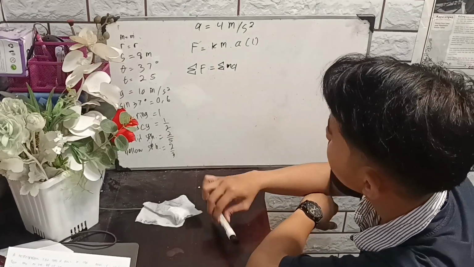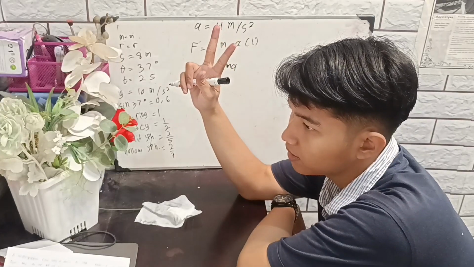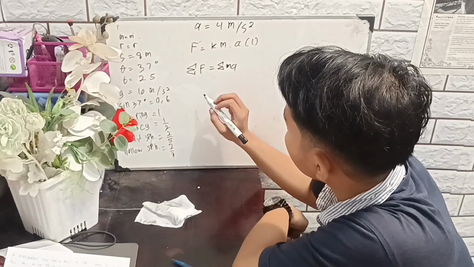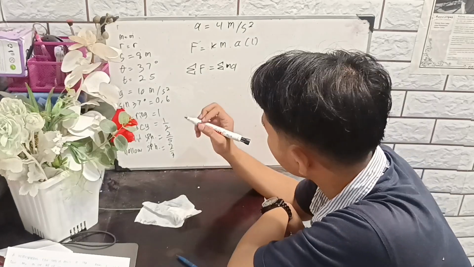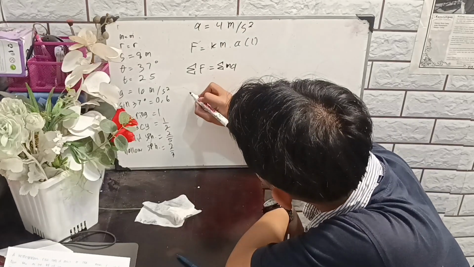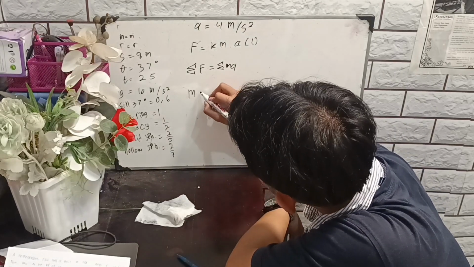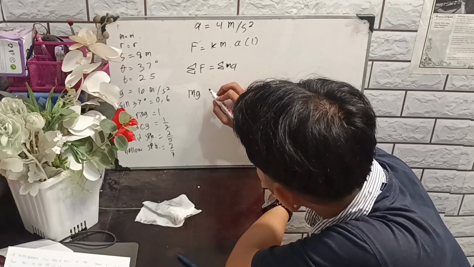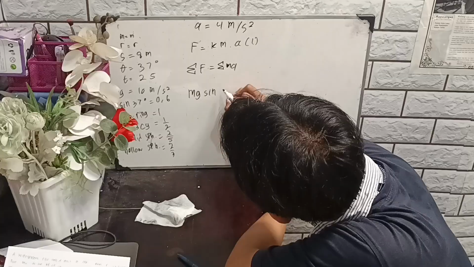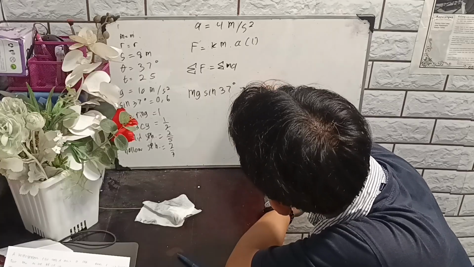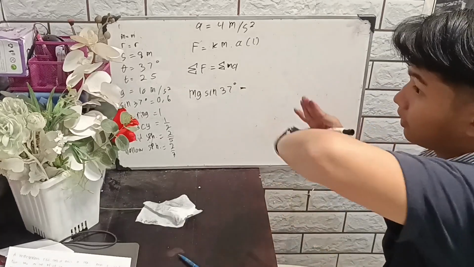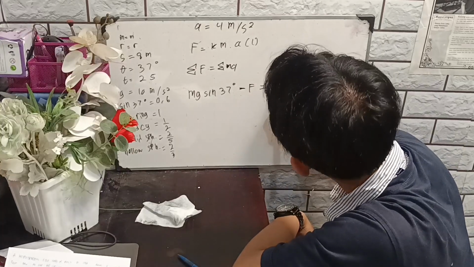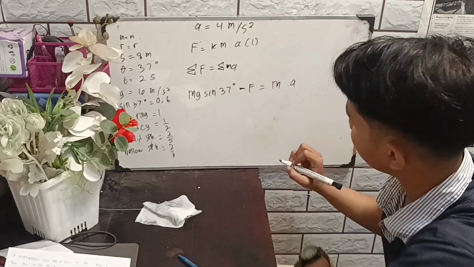As you can see, there are two forces, the gravitational and the friction. The gravitational is mass times gravitational acceleration times sin 37, minus friction, because they oppose each other, so the net force is equal to mass times acceleration.